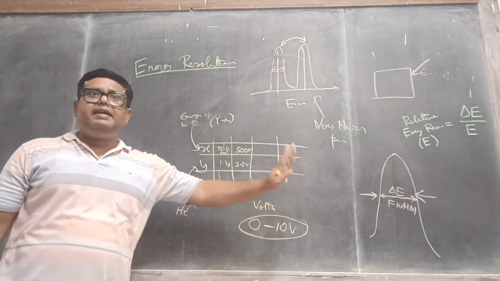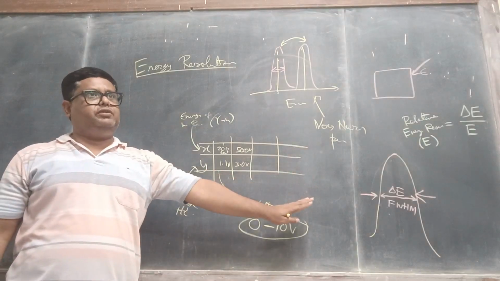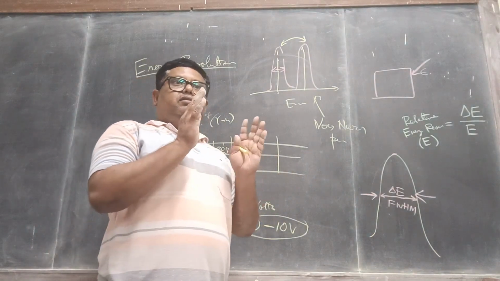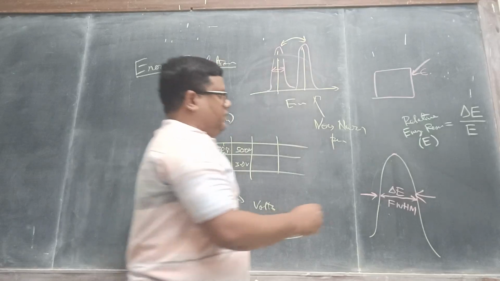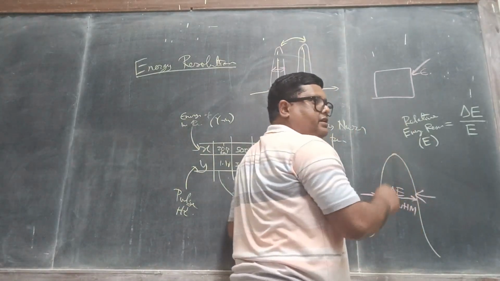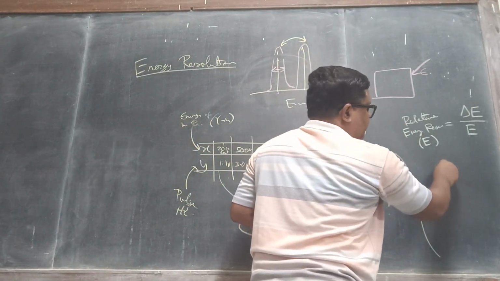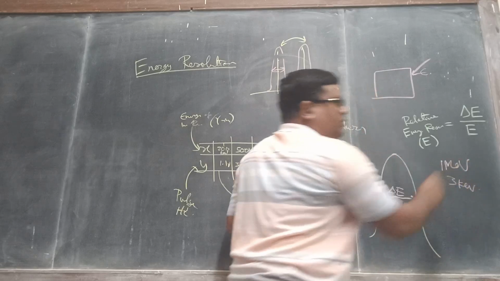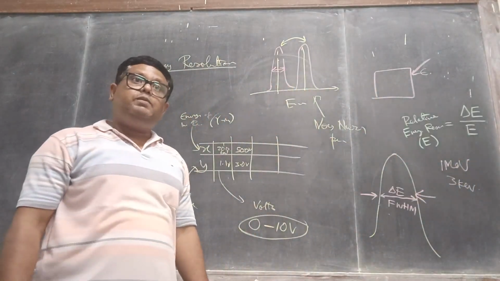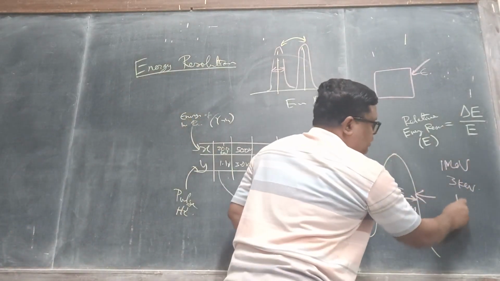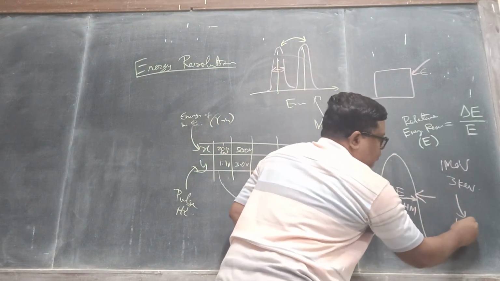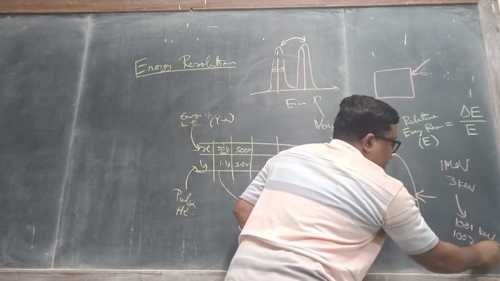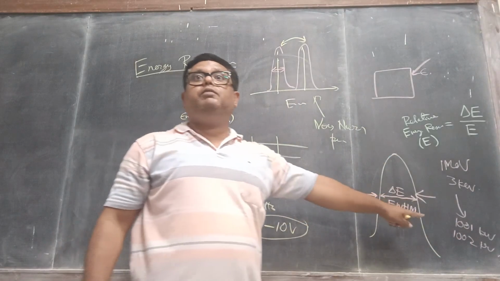So basically this entire concept of energy resolution means that if we have a detector where we know that at 1 MeV the energy resolution is 3 keV, what does this mean? This means that if we have two gamma rays, one of 1001 keV and another of 1002 keV, then the detector will not be able to resolve them.